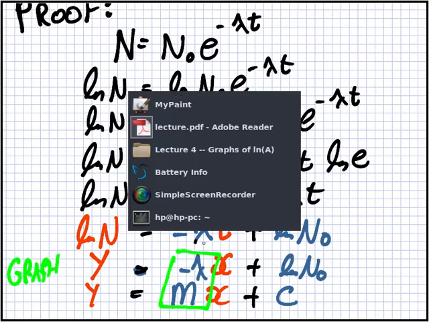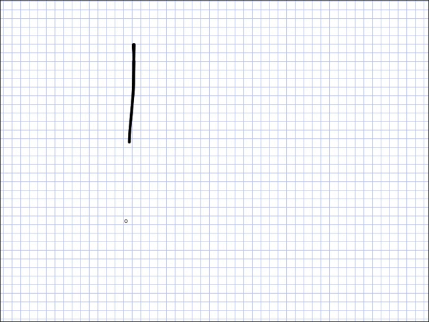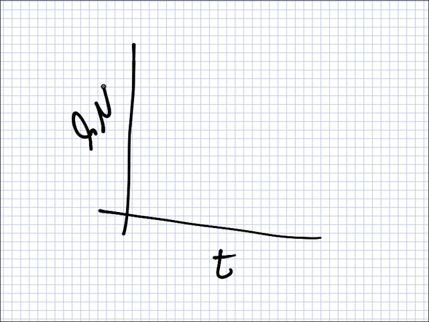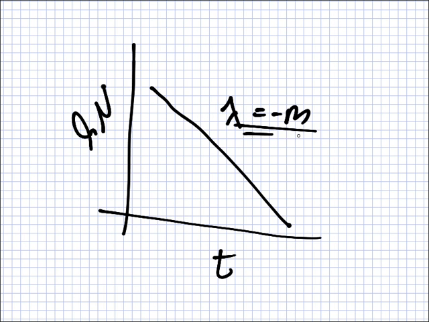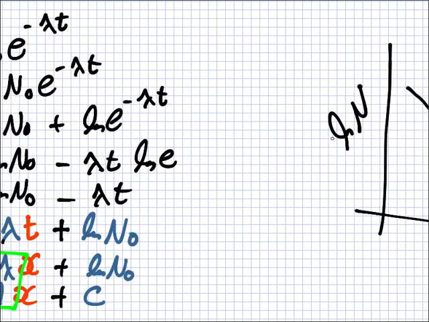So on that graph, let's put it here. If you were to graph time and log n, you get a graph that goes like this. The lambda is equal to minus m. That's useful and it's important.